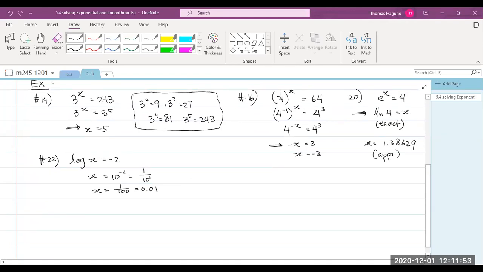Number 24. Log base 5 of x equals 1/2. Base 5, right? So change it into exponential form. x equals 5 to the 1/2, or simply square root of 5. That's the exact form.